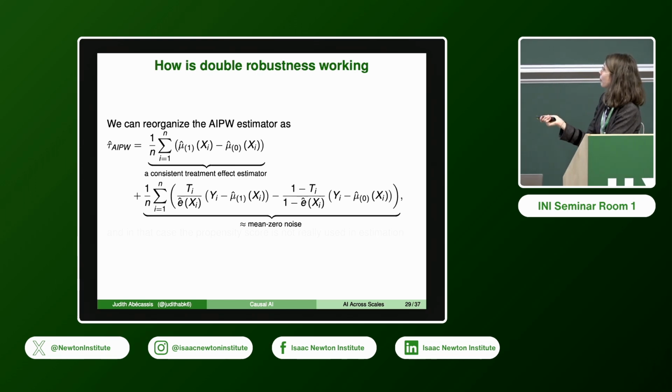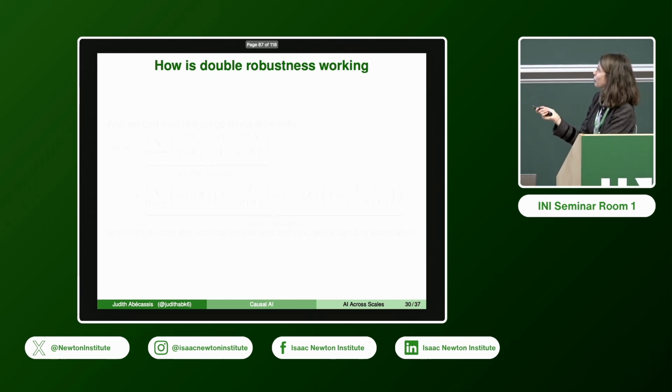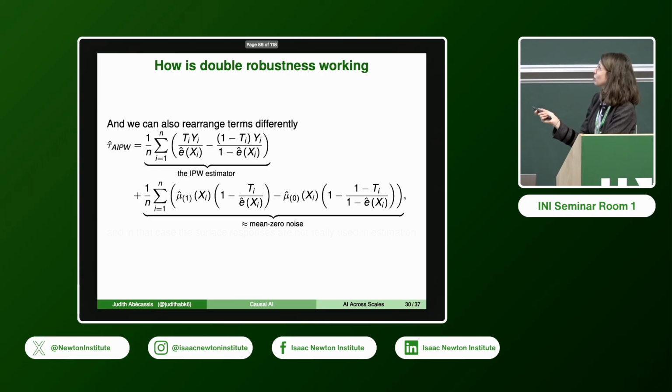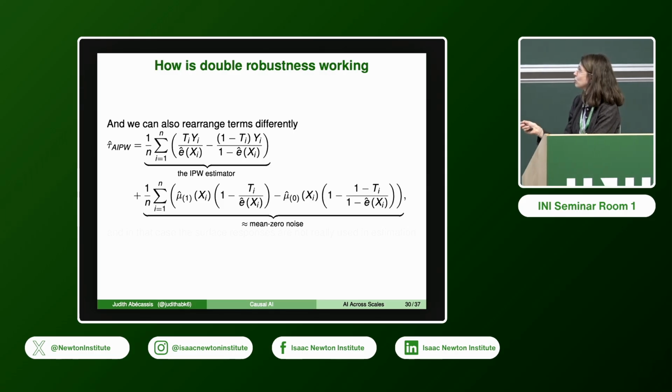And you can also rewrite it so that you make the inverse propensity score weighting estimator appear. That is going to be consistent if your propensity score is well estimated. And you see that those terms are going to be close to zero if it's well estimated.